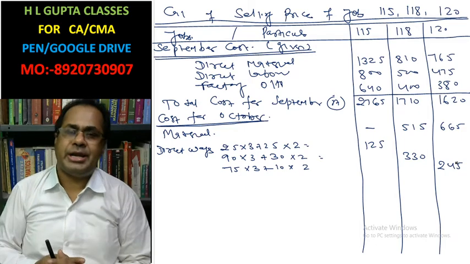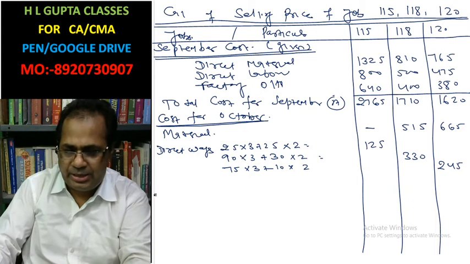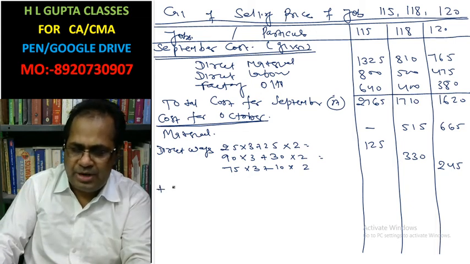After calculating direct wages, you can add factory overhead.